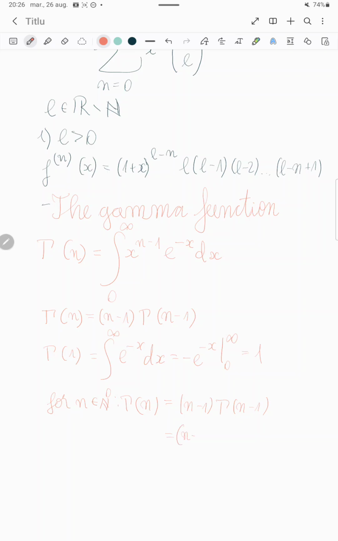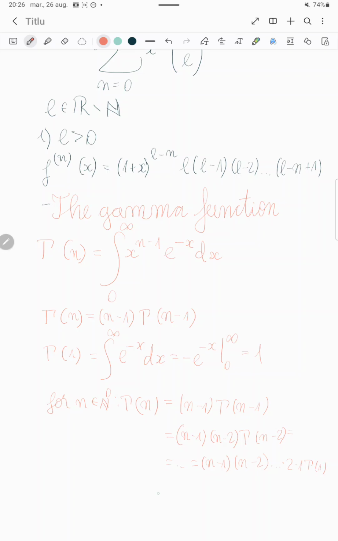This is going to be equal to n minus 1 times n minus 2 times gamma of n minus 2, which can be, blah blah blah, equal to n minus 1 times n minus 2 times dot dot dot times 2 times 1 times gamma of 1.